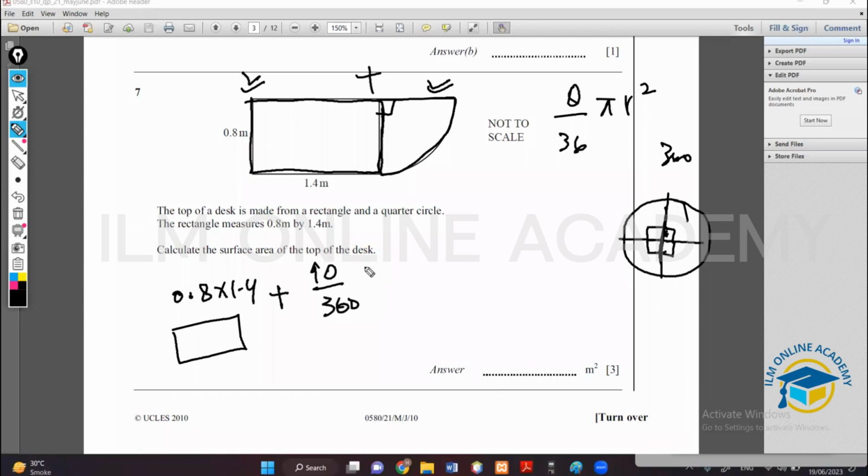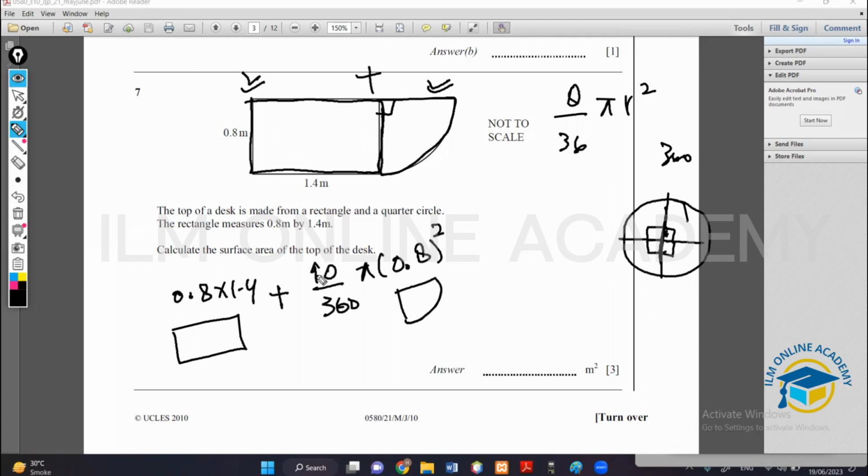So pi r square means pi, and r is 0.8, so 0.8 squared. This is the surface area of the quarter circle. Now we just have to put all our values in the calculator.